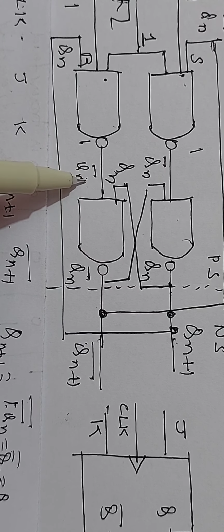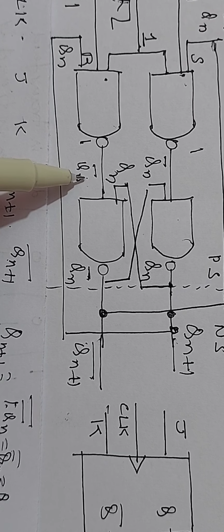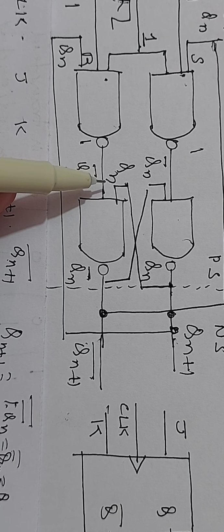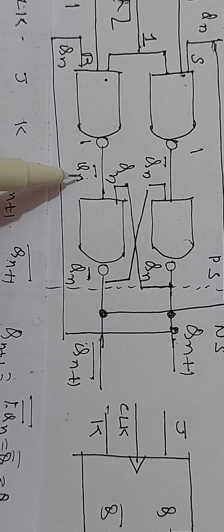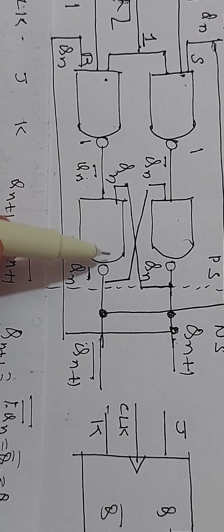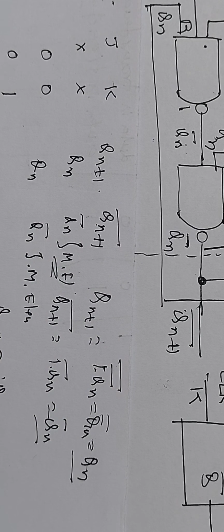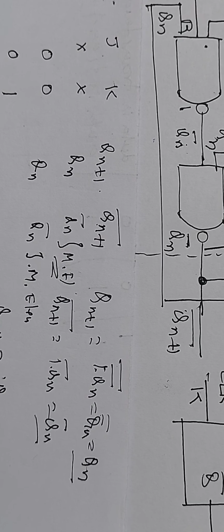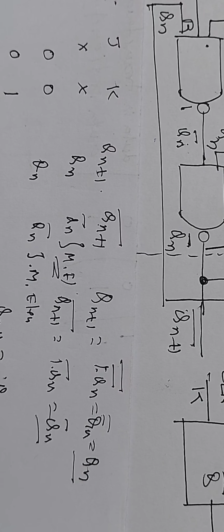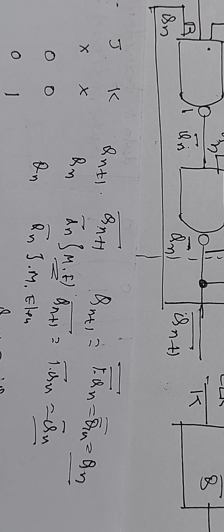Therefore, Qn into Qn bar is always 0. By Boolean algebra, A into A bar is 0. Similarly, Qn into Qn bar is 0. Complemented, it is 1. Therefore, Qn plus 1 bar becomes 0 bar, which equals 1.